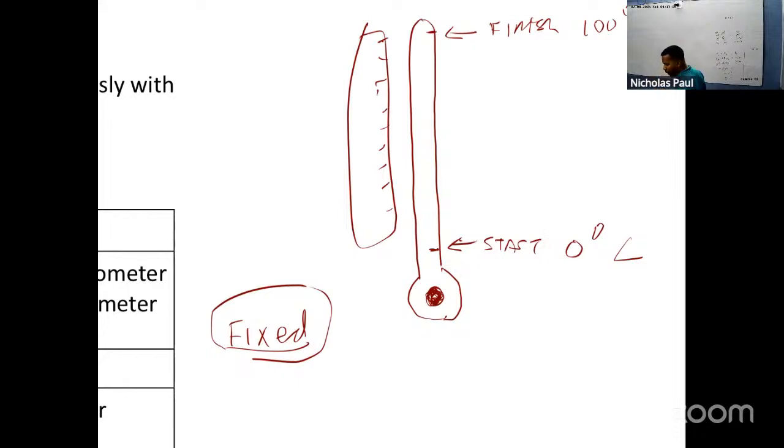Its value is 0 degrees Celsius or 273 Kelvin.